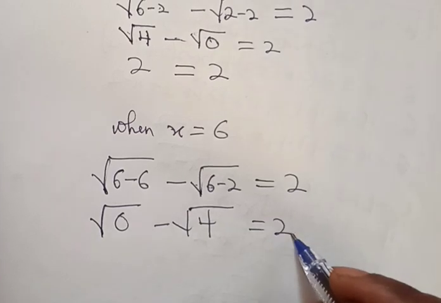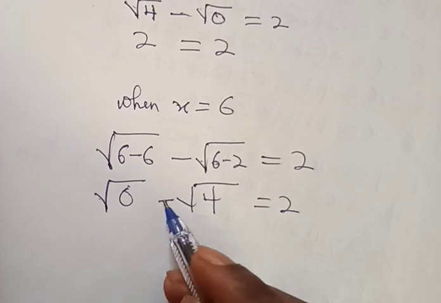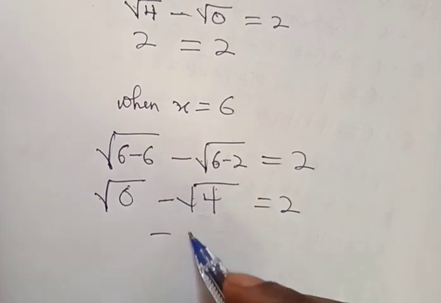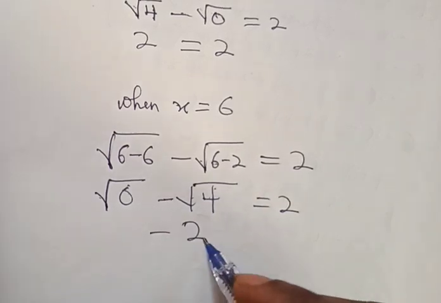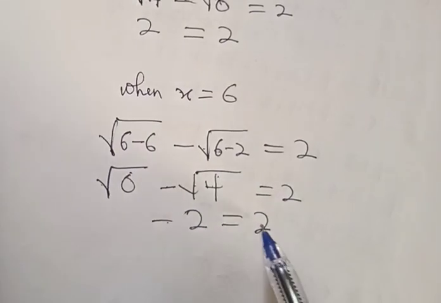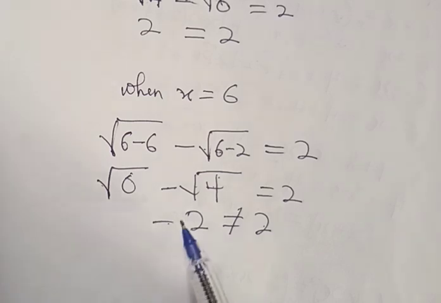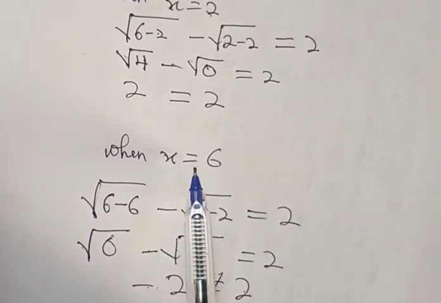Now square root of 0 is 0, so that one will not come. Now we have negative square root of 4, which gives me 2. Now you see that here is negative 2, here is positive 2. So they are not equal. So since we tested for the 6 and they are not equal, then the solution is not 6. All right, you see that?